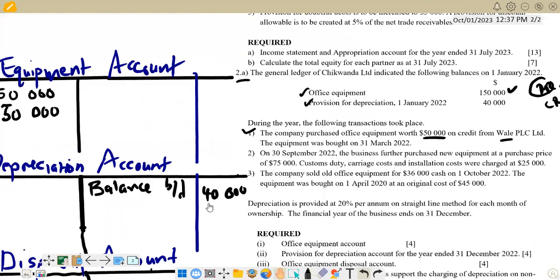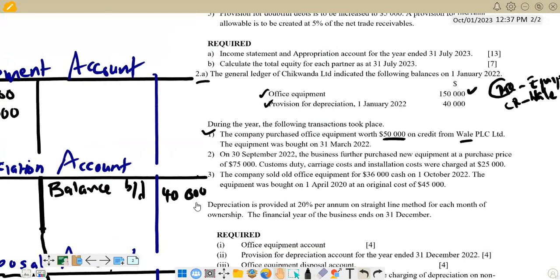The next item is number 2. On 10th September 2022, the business further purchased new equipment at a purchase price of $75,000. Then the next sentence: customs duty, carriage costs, and installation costs were charged at 25,000. So here we have extra costs of customs duty, carriage costs, and installation costs of 25,000. But basically, there's a fixed asset that has been bought.